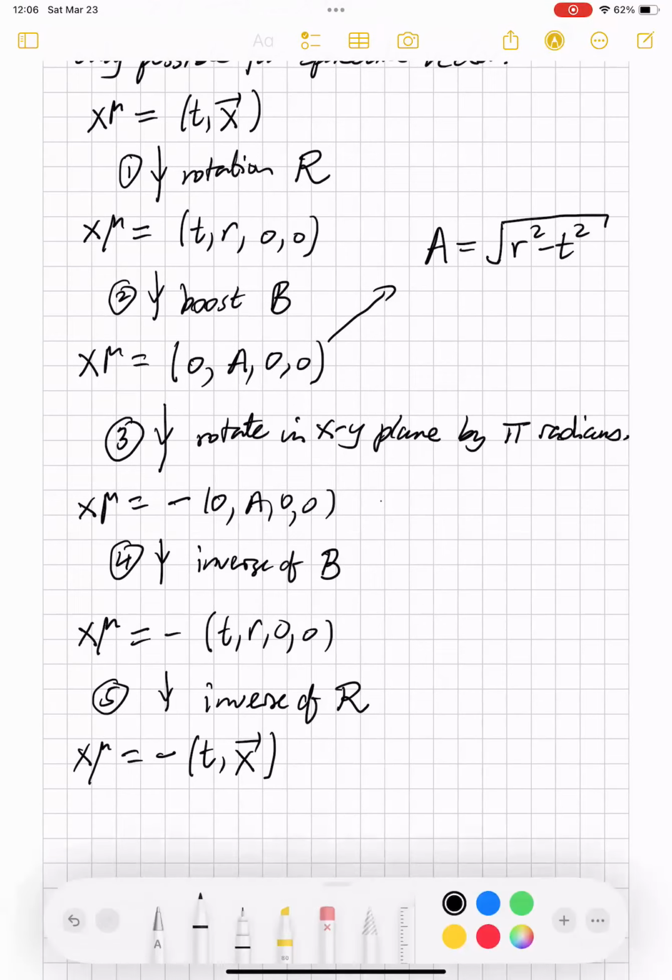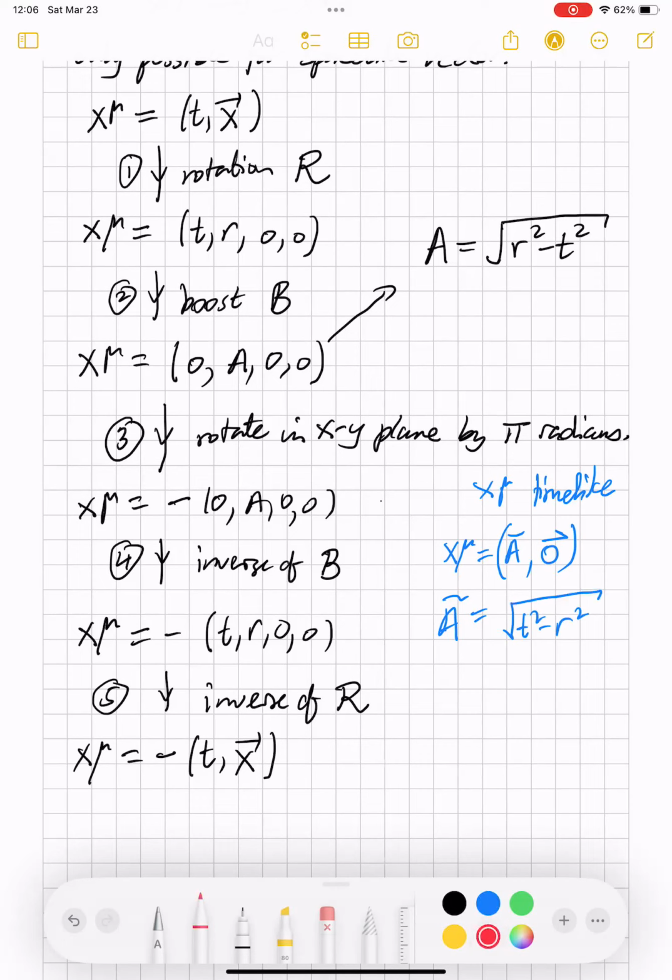Let's just make a comment that if x^μ was time-like, then by using a boost B, you could get x^μ into the form (ã, 0). And what would ã be? ã would be the square root of t squared minus r squared. So that you could check.